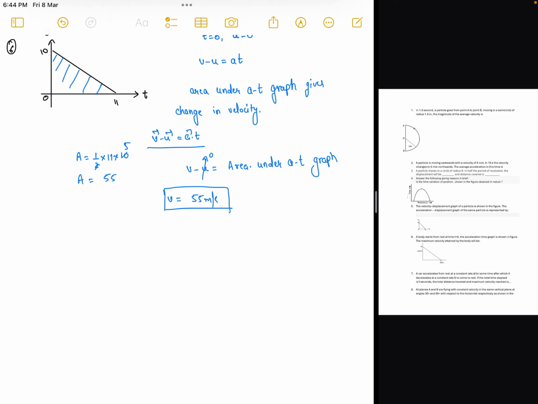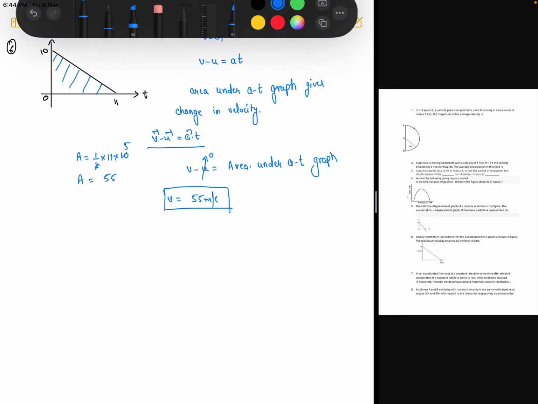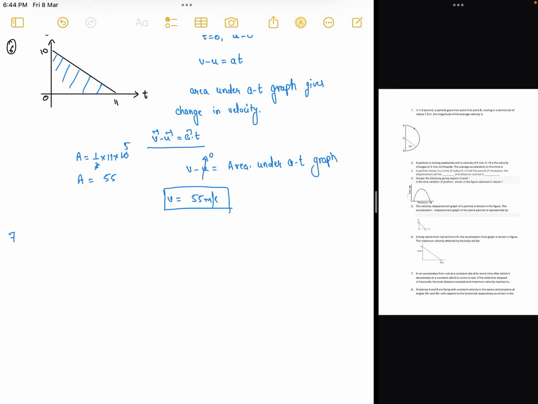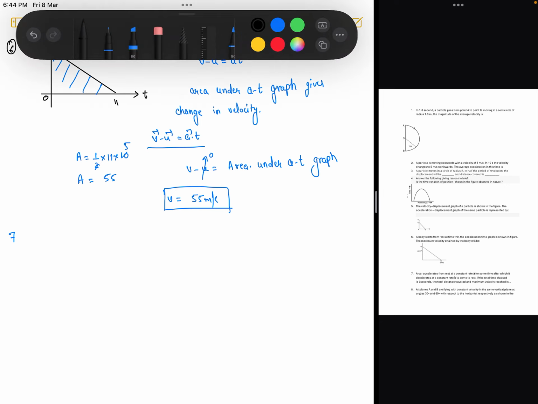Okay, now coming to the 7th question. The seventh question is given as: a car accelerates from the rest.